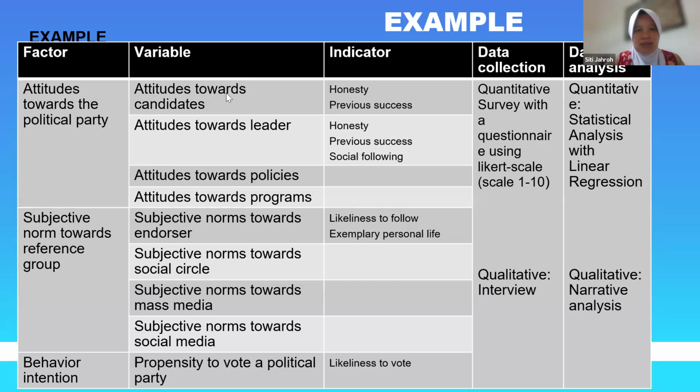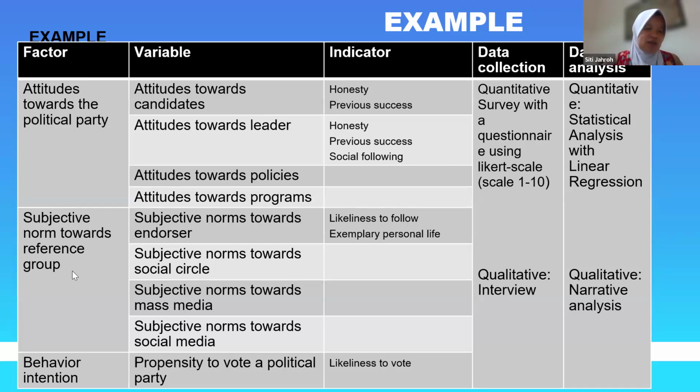Attitudes toward candidates. The indicators are honesty, previous success, social following. Attitudes toward policy, attitudes toward programs. That's the example of variables.